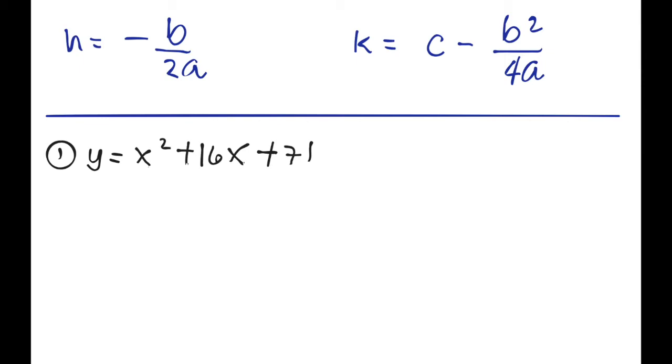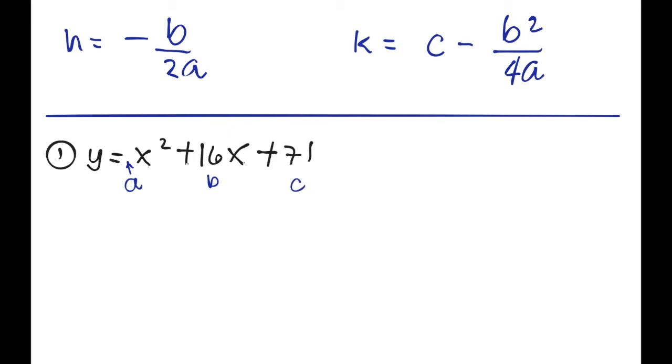We will now use the formula for our h and k to solve problem number 1. This is in standard form in the format of y is equal to x squared plus 16x plus 71. From here, we are going to identify the values of our a, which is 1, our b, which is positive 16, and this is our c.